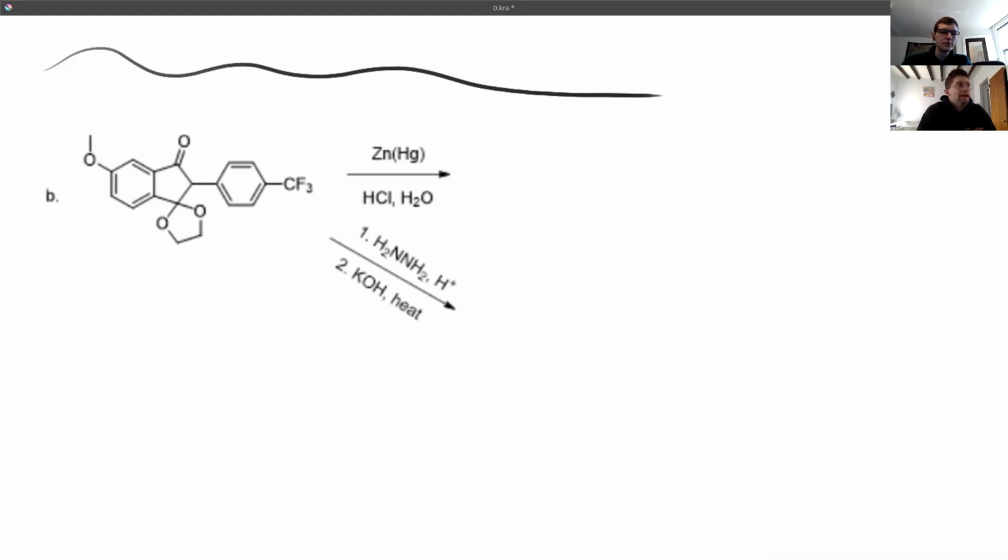It's going to get rid of aldehydes too, right? But does it only reduce aldehydes and ketones? I think so. I don't think it gets rid of the ester.